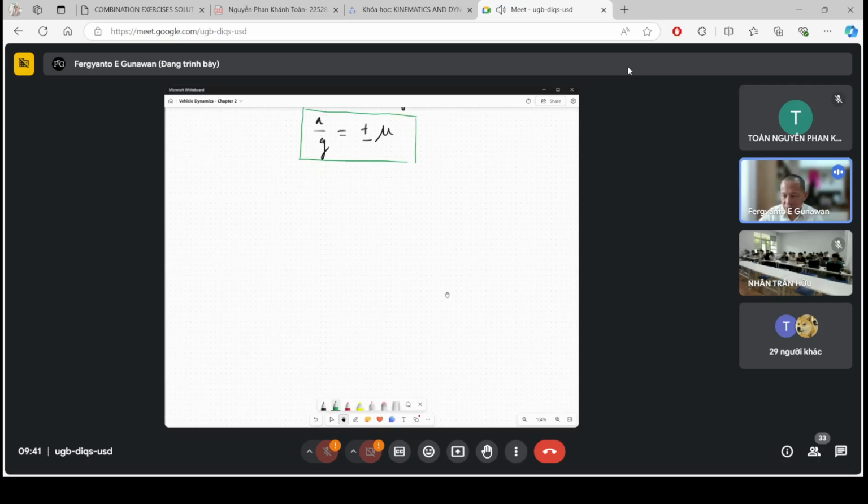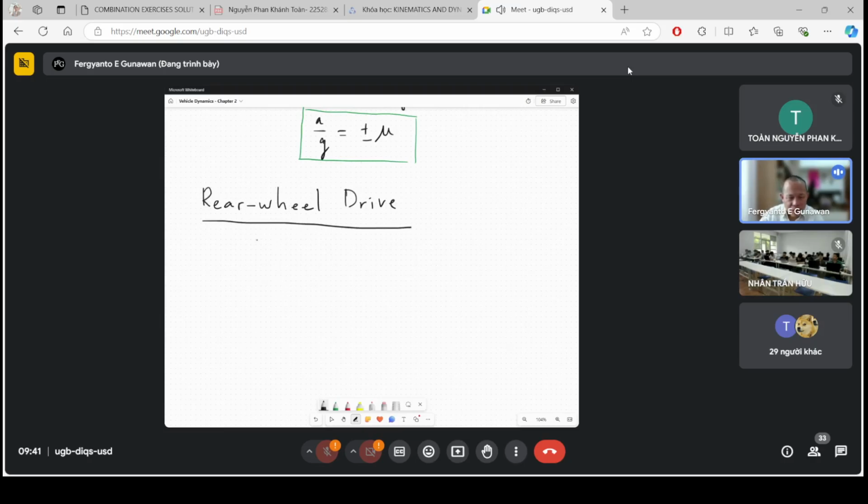Okay, and in addition to that, let's discuss the other condition of the rear wheel drive.